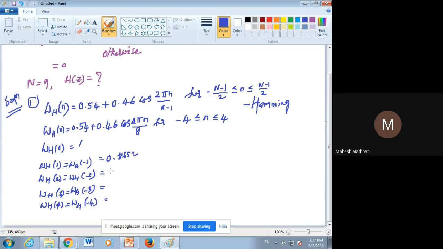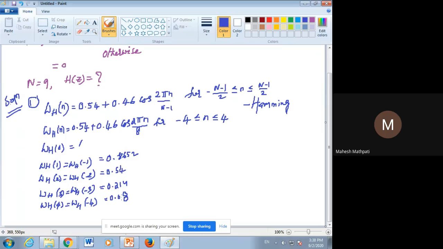Next, omega h of 2 is 0.54. Then third, 0.2147. Then 0.08. So this is our first step.